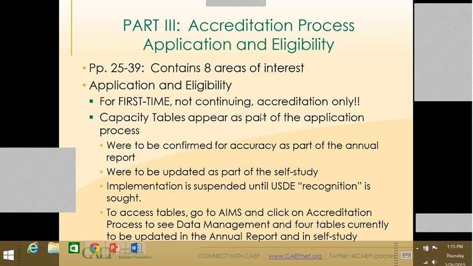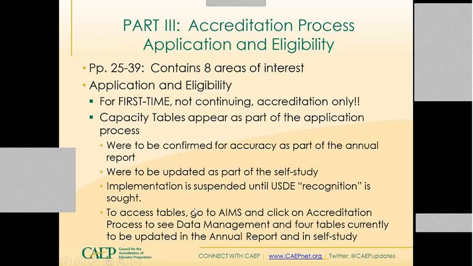Okay, so you will fill out those capacity tables if you're a first-time accreditation person, and as part of your annual report, you will find that you are to confirm the accuracy of 4 of those tables. And to access those tables, you can go into AIMS. If you click on Accreditation Process, you'll see a section called Data Management pop up, and you can click on that. And those 4 tables, there's your profile, there's your contact information, a couple other things that you can update as part of your self-study and as part of your annual report.